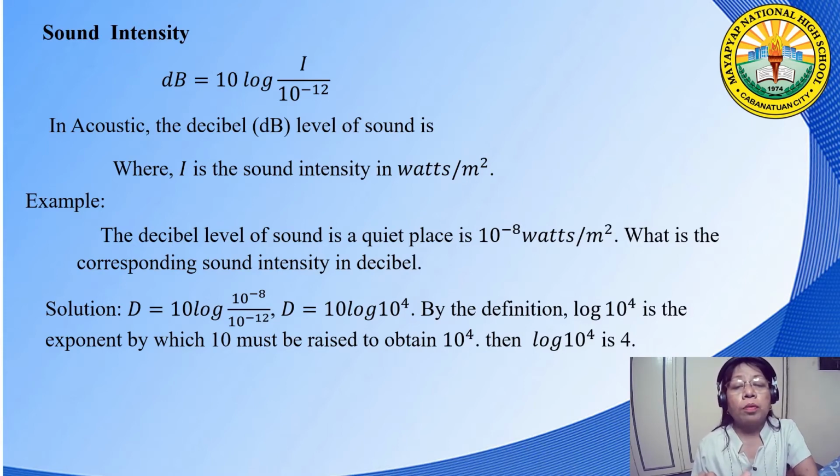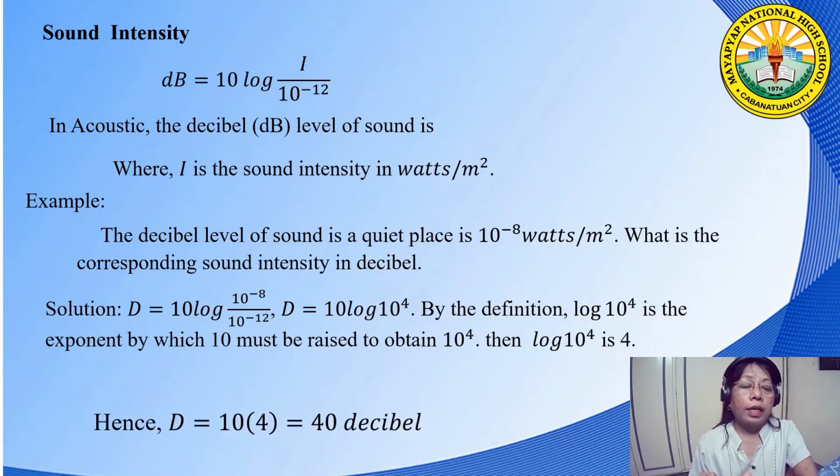So, by definition, logarithm of 10 raised to the 4th is the exponent by which 10 must be raised to obtain 10 to the 4th. Then, logarithm of 10 raised to the 4th power is 4. Hence, D equals 10 times 4 equals 40 decibels.